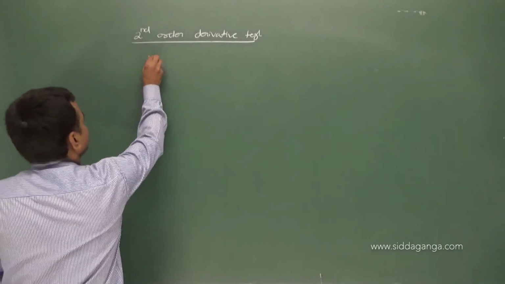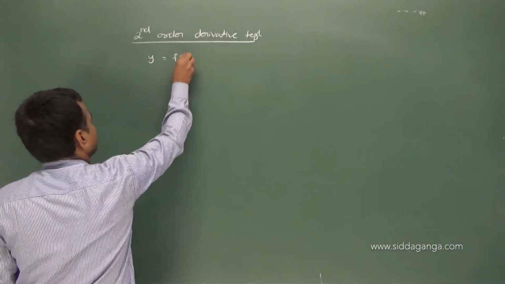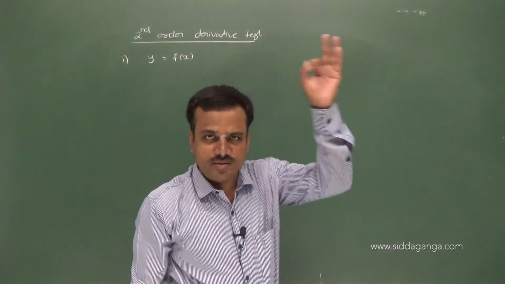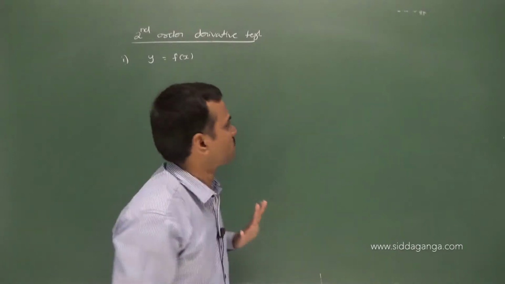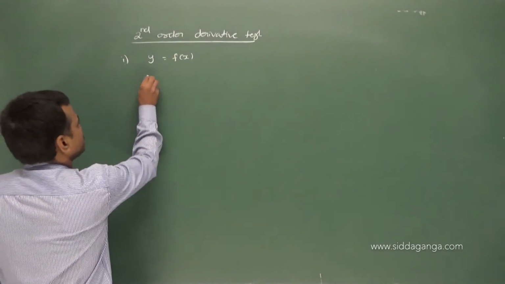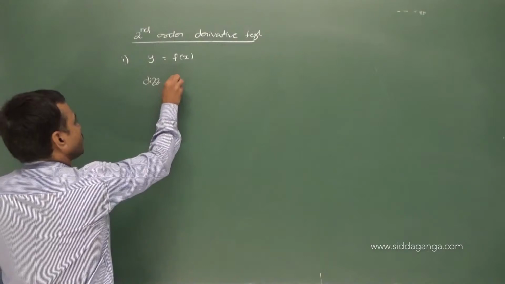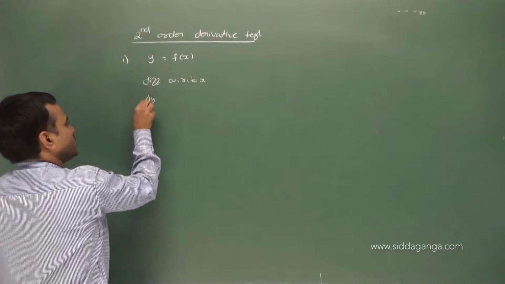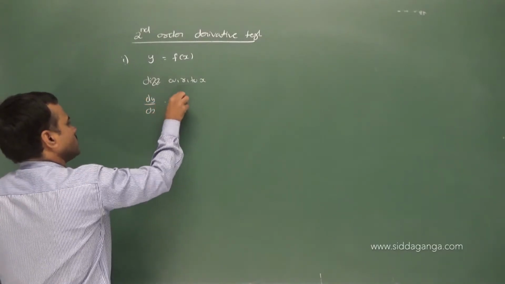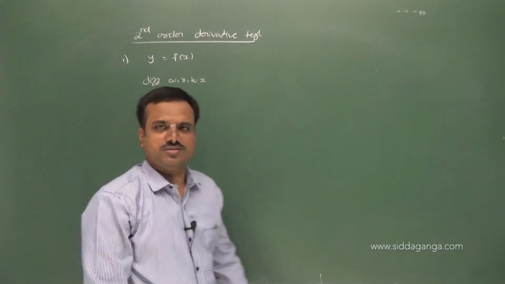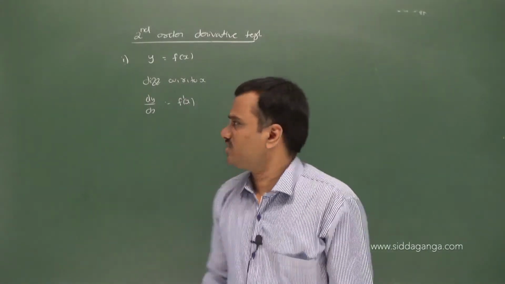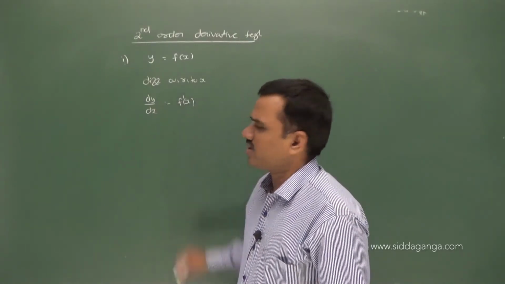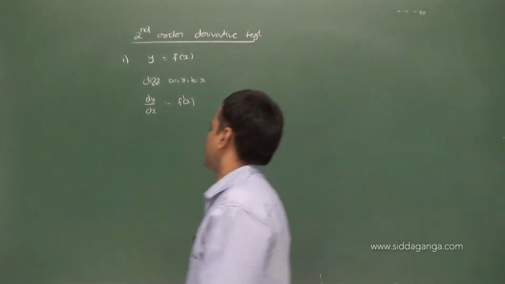Firstly, he has given y is equal to f of x. The same steps we follow in the problem, we will discuss. First step, differentiate with respect to x: dy by dx, that is f dash of x.